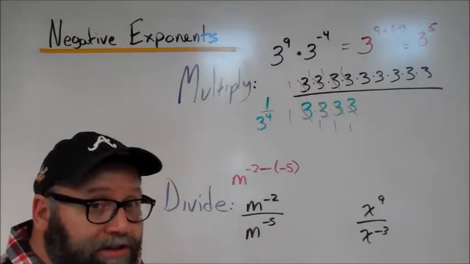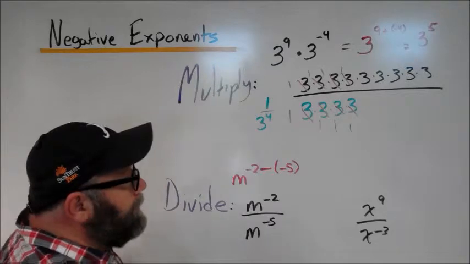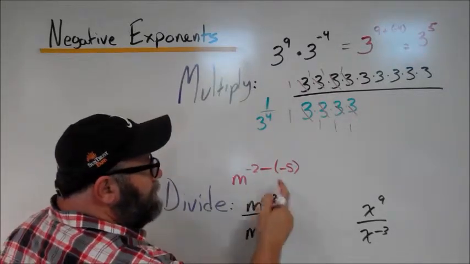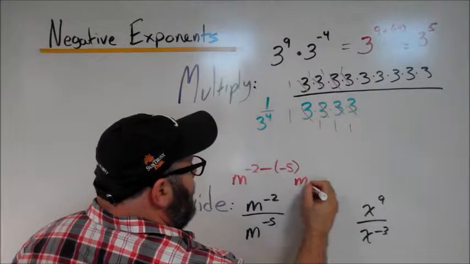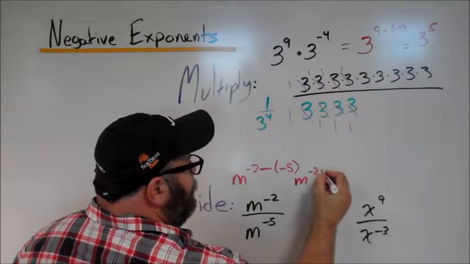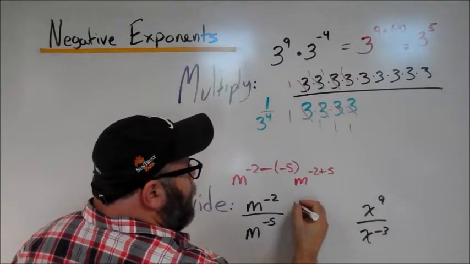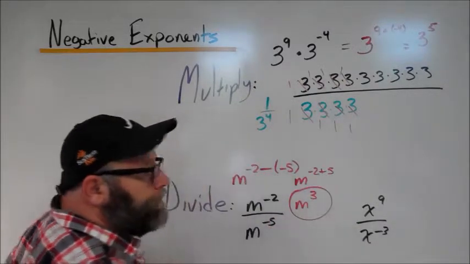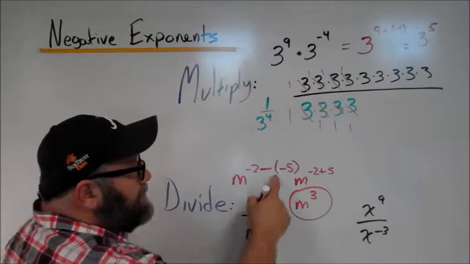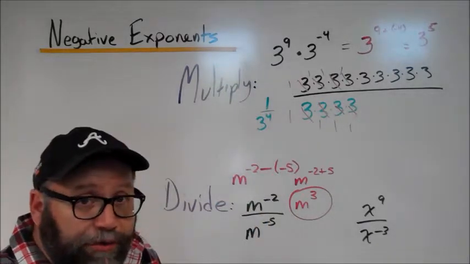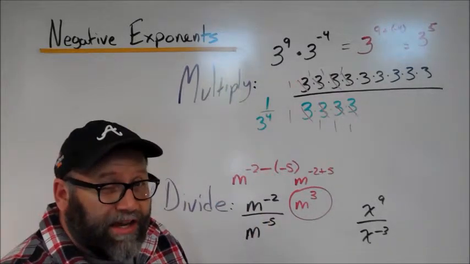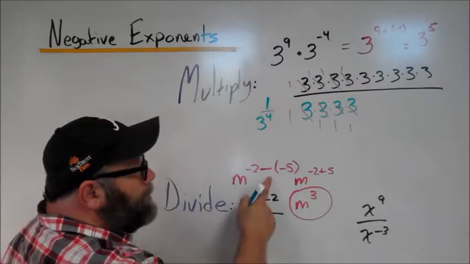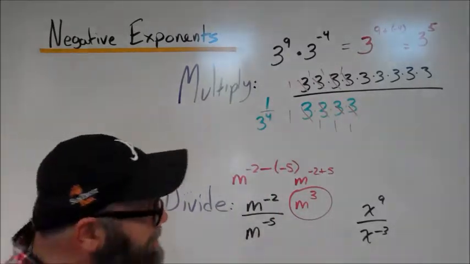Now, if you remember back to last year, the opposite of an opposite is the positive. So this rewrites as m to the negative 2 plus 5, or m raised to the third. Okay? This little sentence there that you write will be the difference in success and failure. Make sure you write it out, and then make sure you're following your rules for integer operations.